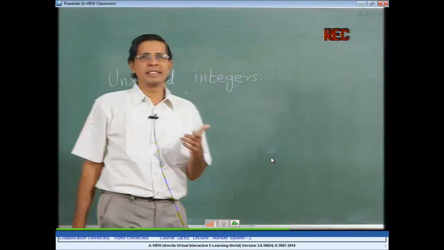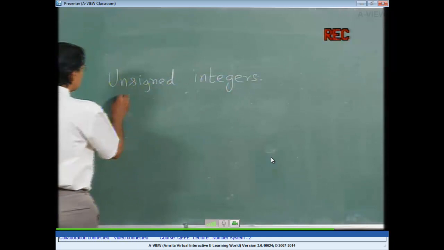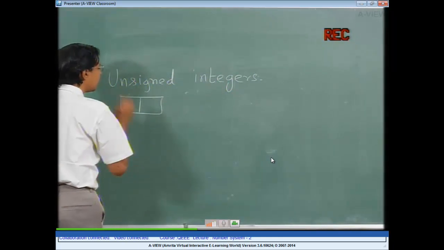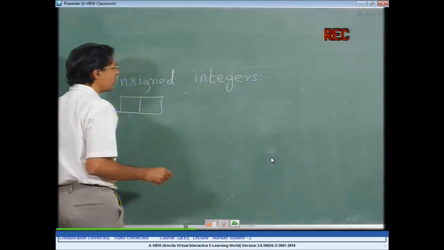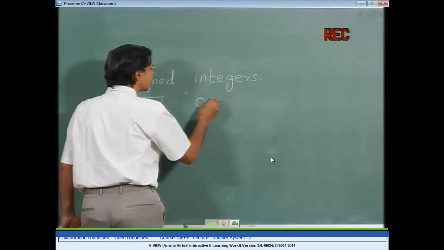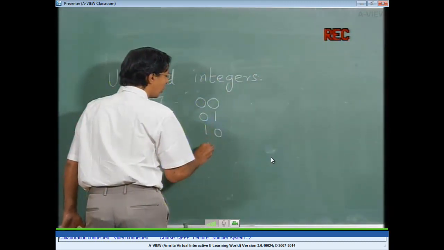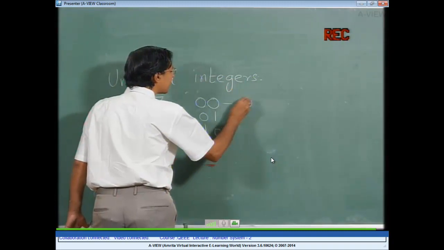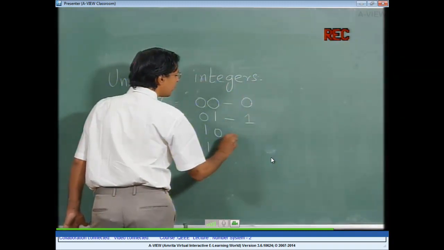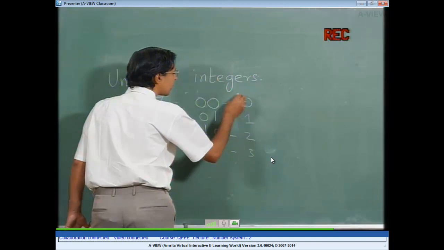Suppose I have only 2 bits to represent an integer. Using these 2 bits, I can make these combinations, 00, 01, 10, 11, which will represent 0, 1, 2 and 3. These are the decimal values.